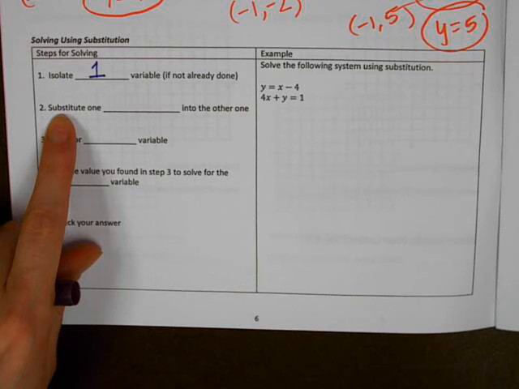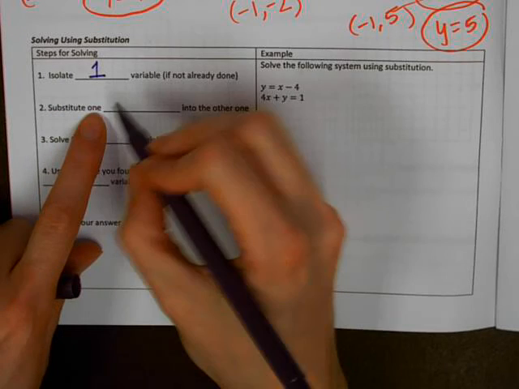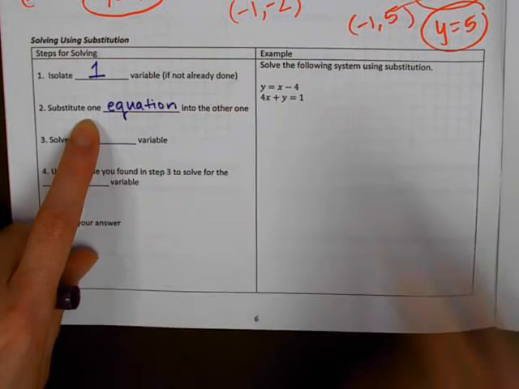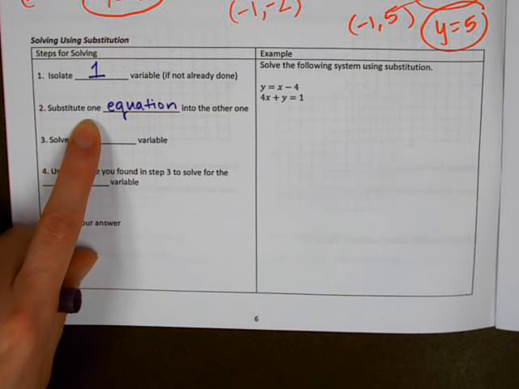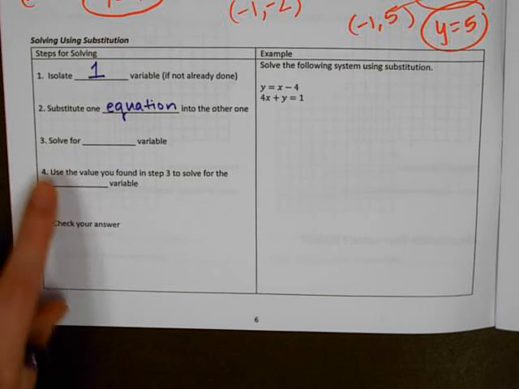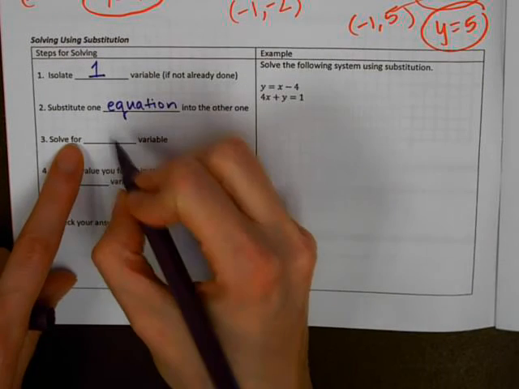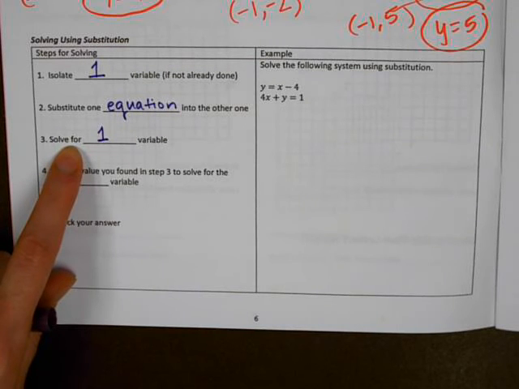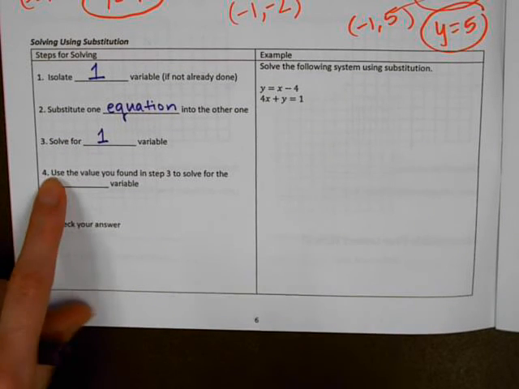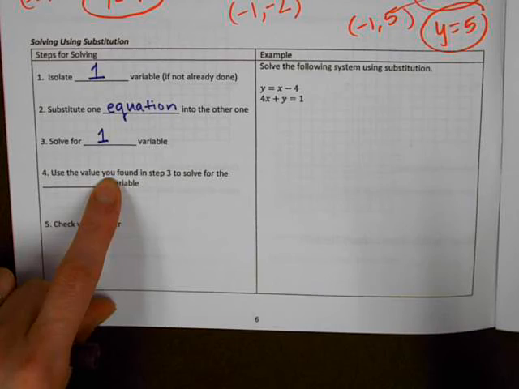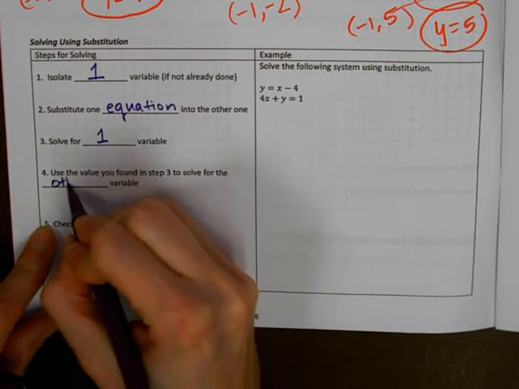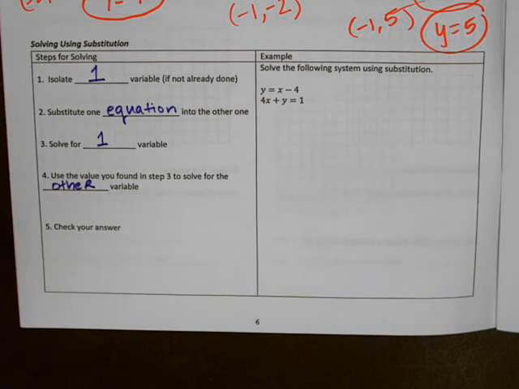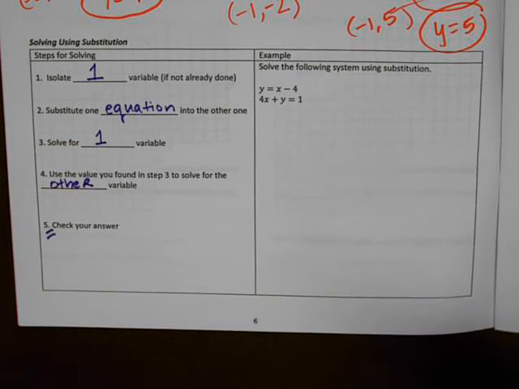Step 2, substitute one equation into the other one. Okay. Step 3, solve for one of the variables, x or y. Then step 4, use that value to solve for the other variable. And then lastly, you can check your answer, but you don't have to do this step, that's optional.